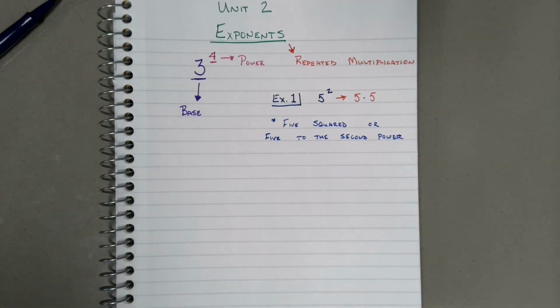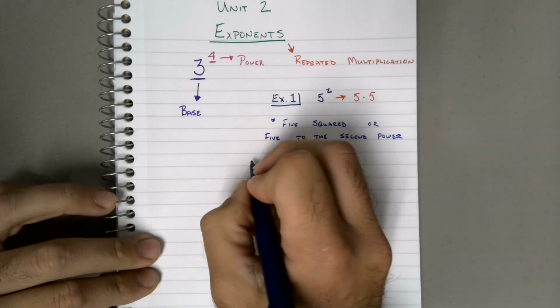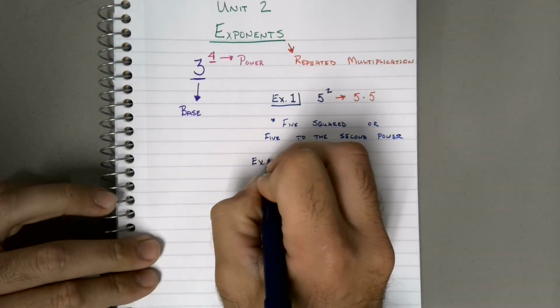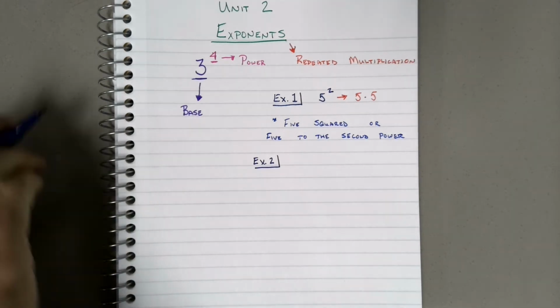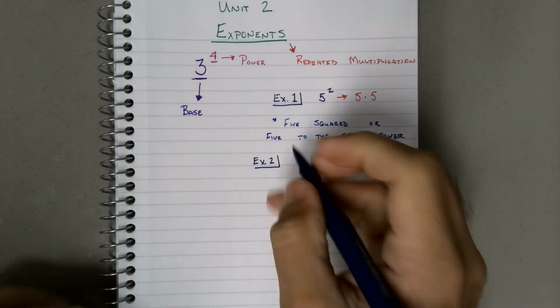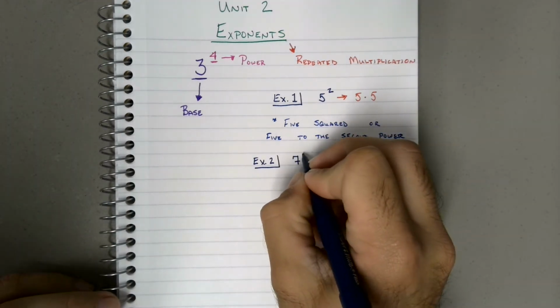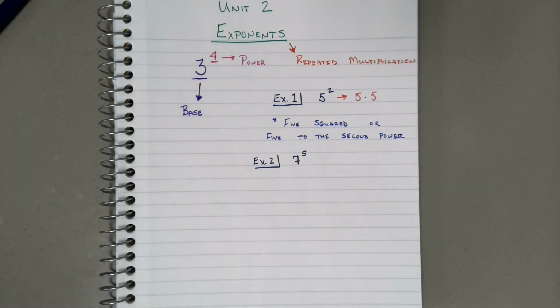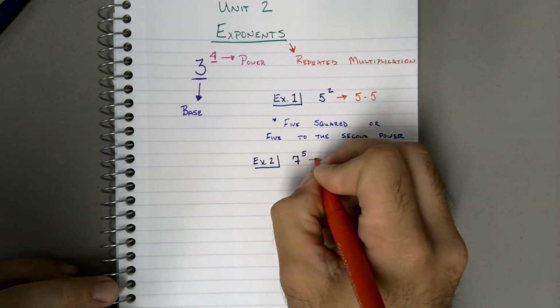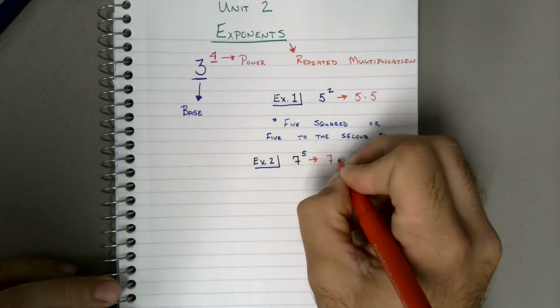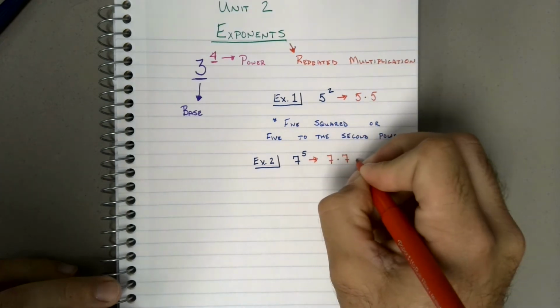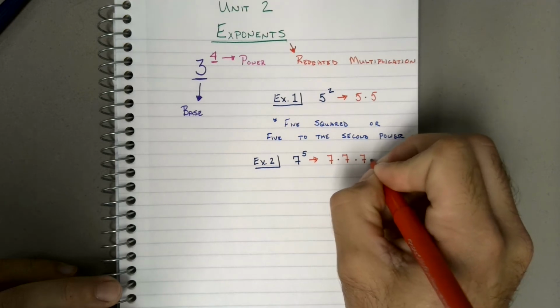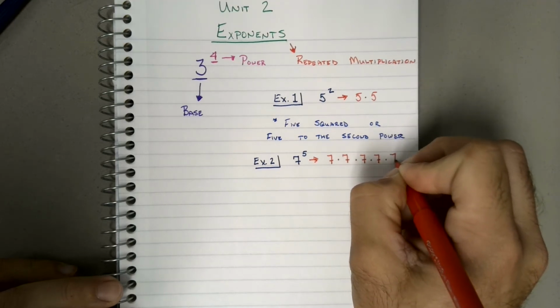Okay, so let's look at another one. Let's say we have 7 to the 5th power. All right, what does that look like? That looks like 7 times 7 times 7 times 7 times 7.